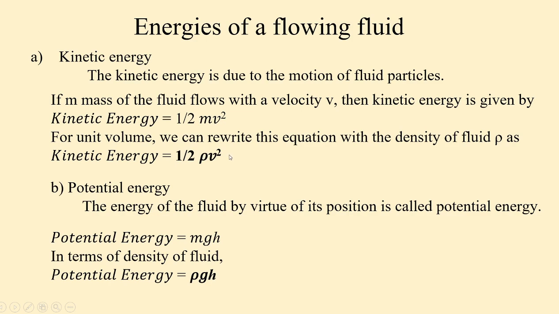Now another type of energy associated with the fluid flow is the potential energy. The energy of the fluid by virtue of its position is called the potential energy. We are already familiar with this. If a given mass of fluid m is at a height h from the ground, then potential energy is equal to mgh.